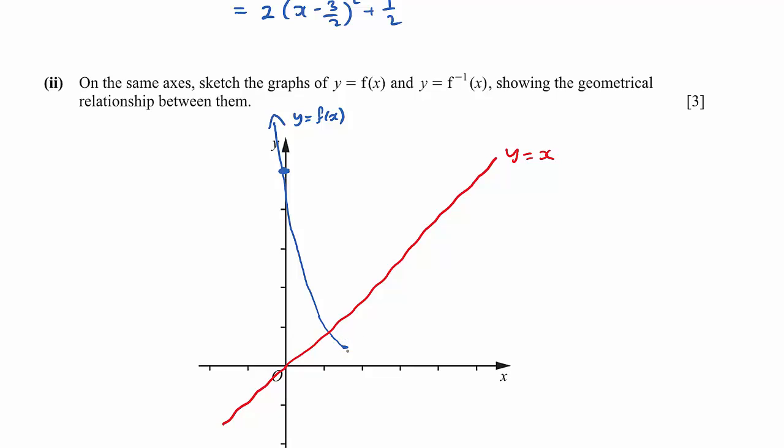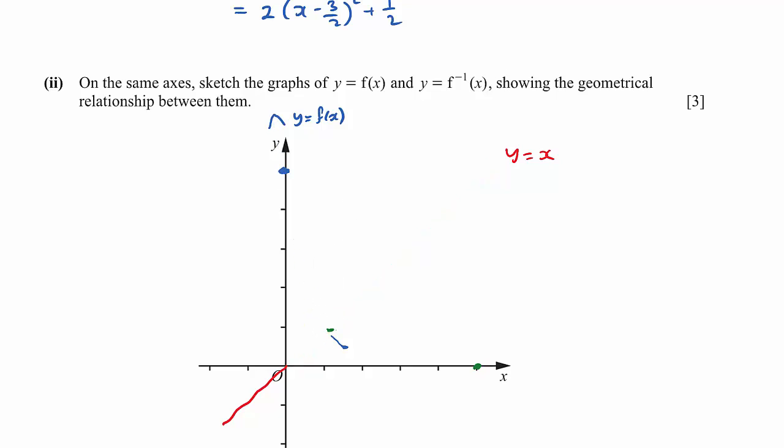So where we've got 3 over 2, a half here, we'll have reflected across a half, 3 over 2. So that's going to be sort of there. And 0, 5 reflects across to 5, 0. And they must meet at the same point there.